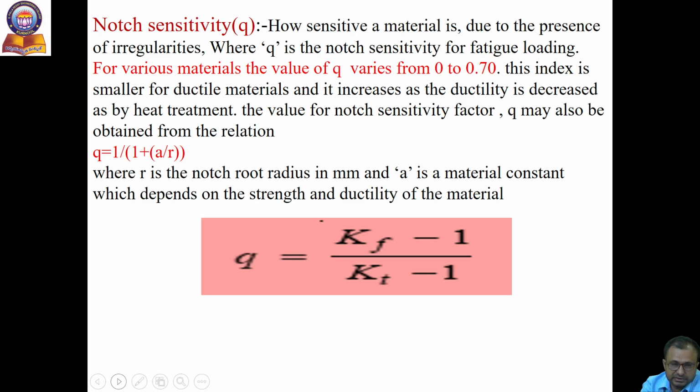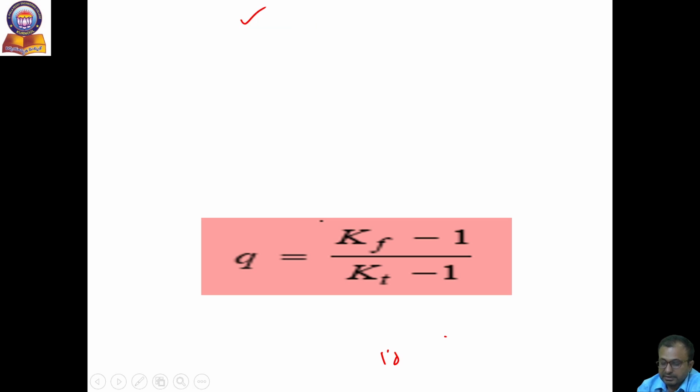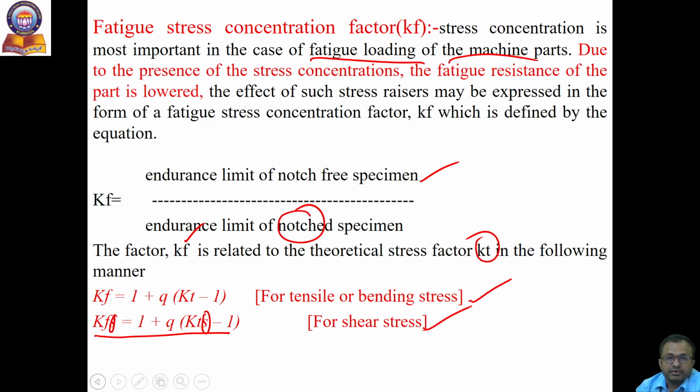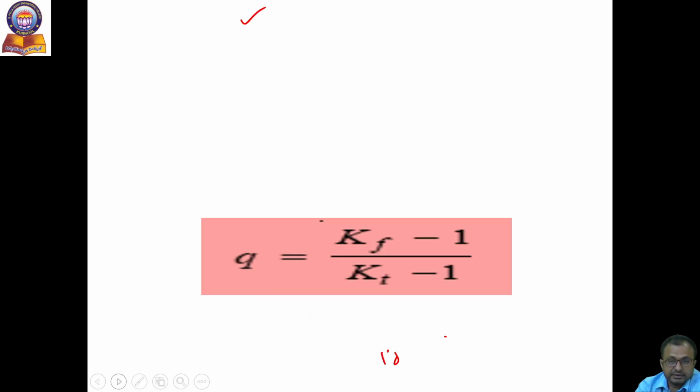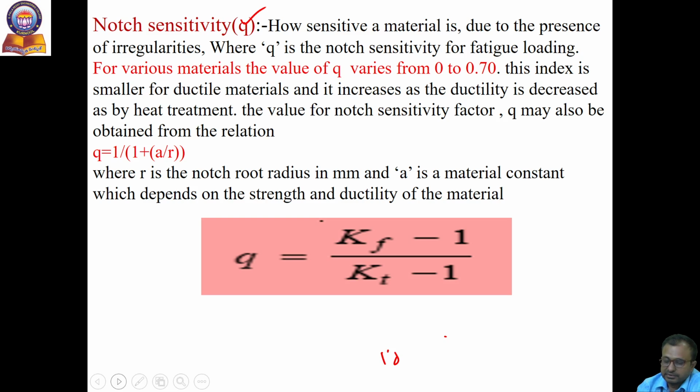Then in that equation, we saw one term q. In this, Kf is equal to 1 plus q into Kt minus 1. Here q is nothing but the notch sensitivity.